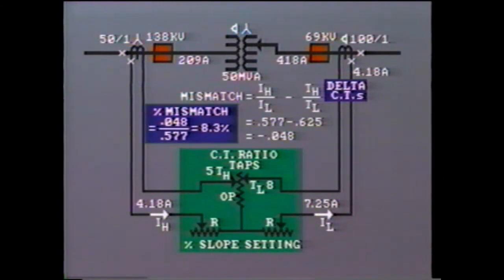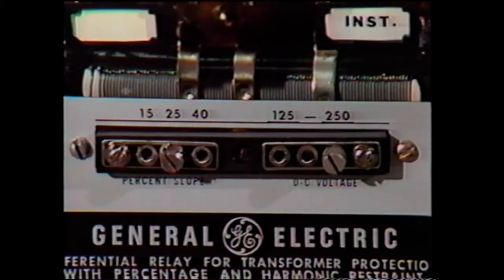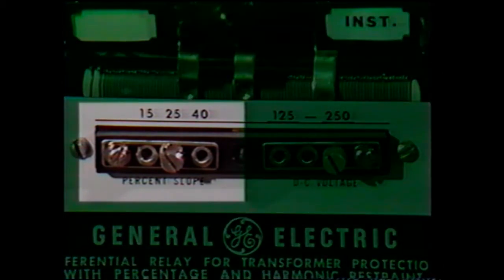The percentage mismatch equals 0.048 divided by 0.577, which equals 8.3%. Now, in both of these answers, the mismatch percentage is far less than the restraint slope, which is usually set between 20 to 40% on transformer differential protection.